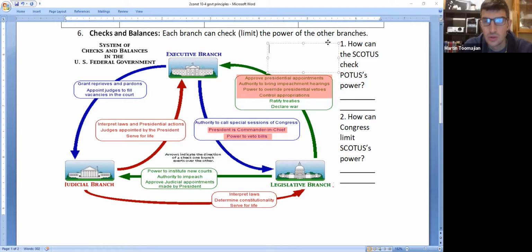So it's like this: the Senate approves the president's hiring decisions. Specifically, for example, the cabinet. All right, let me fix that so you can actually see the rest of the stuff here.